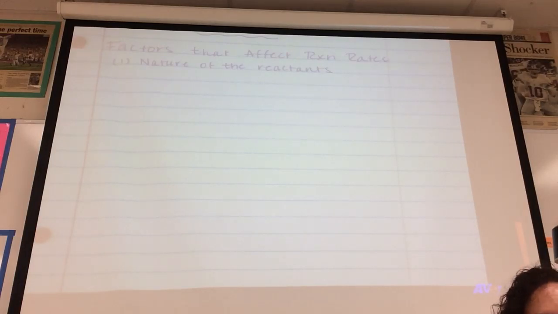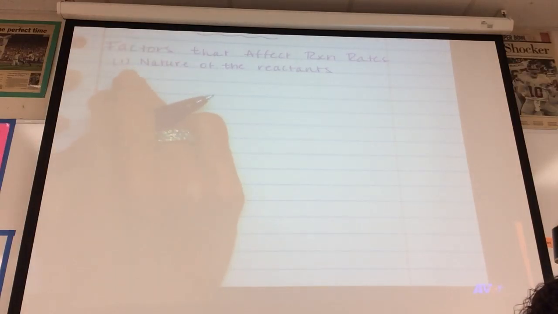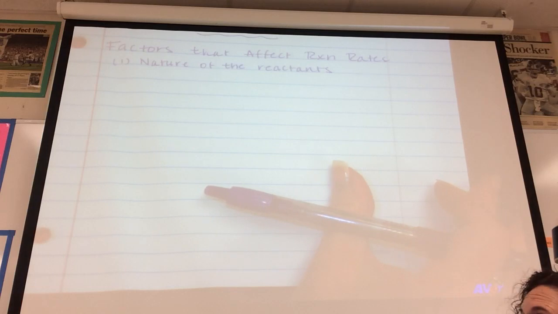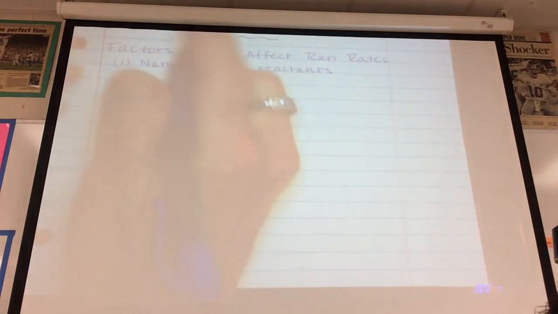For example, we said with the lab on calorimetry, salts don't burn, so there's not going to be any reaction between them regardless of what you might do to concentration, temperature, surface area, etc. So what the reactants are is the most critical factor, because if the substances don't react, nothing you do is going to alter reaction rate.